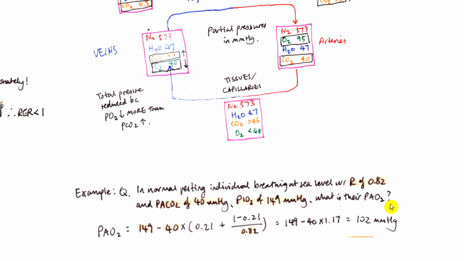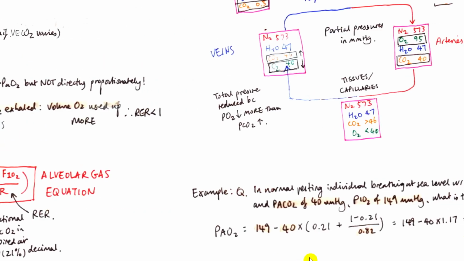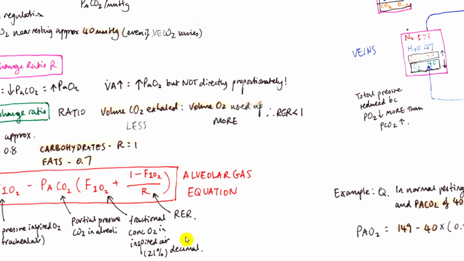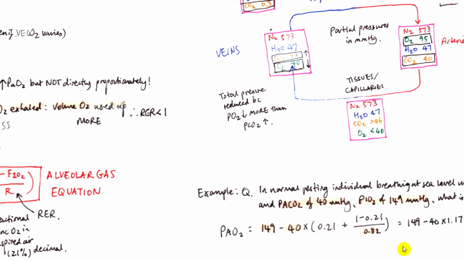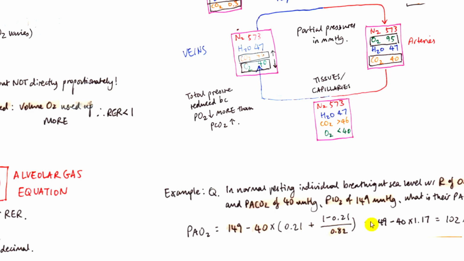So PaO2 equals PiO2 first, so PiO2 here is 149 minus the partial pressure of carbon dioxide, which is 40, and that seems normal, and then times the fraction of inspired oxygen, which is 0.21 at sea level, plus 1 minus 0.21, which is 0.79, divided by 0.82, their respiratory exchange ratio. And if we work that out, then that would be 102 millimeters of mercury.